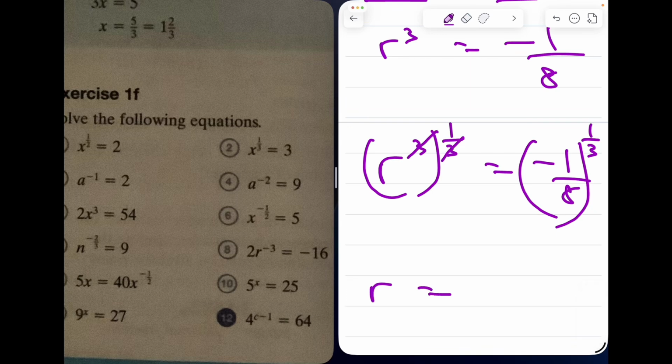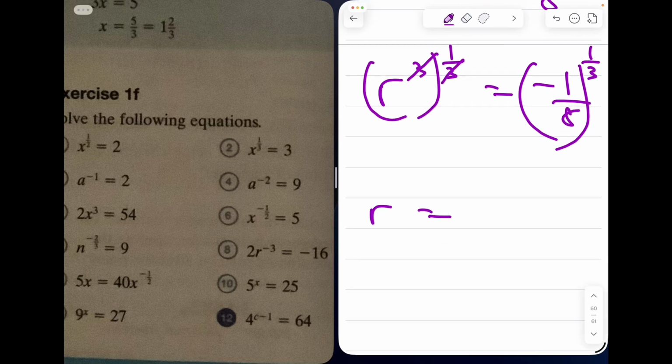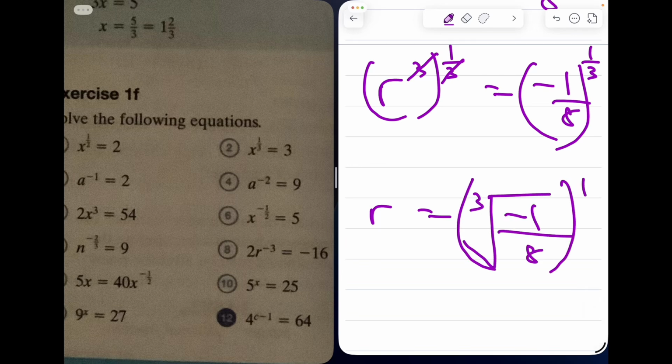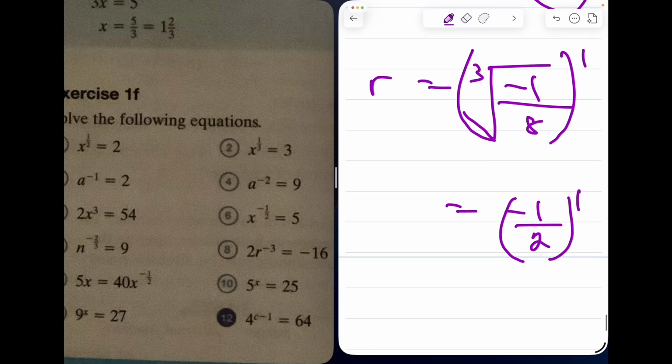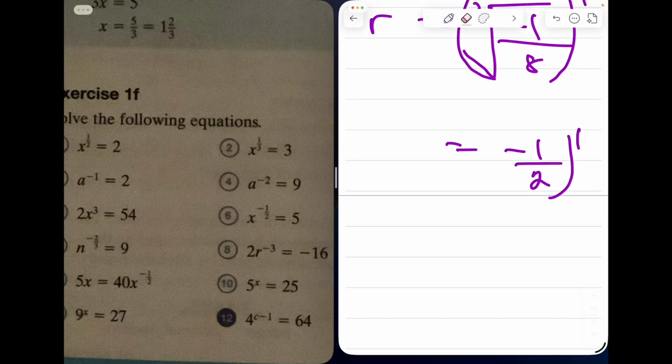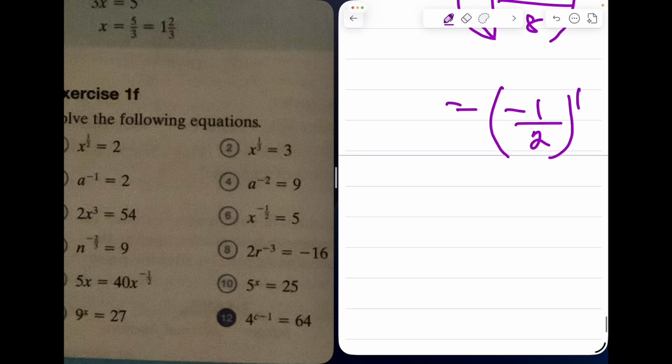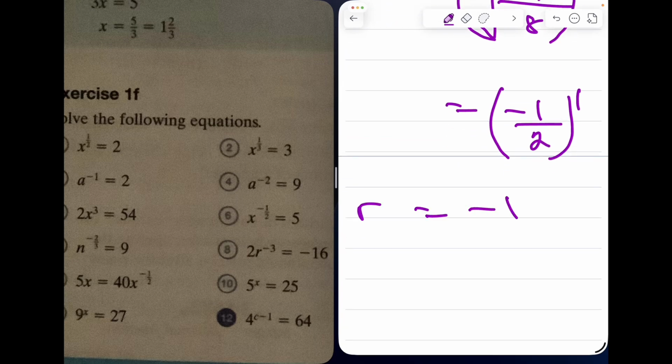That means r equals the cube root of minus 1 over 8 and the whole of that raised to power 1, which simply means the cube root of minus 1 is minus 1, the cube root of 8 is 2, and the whole of that raised to power 1 is simply the same as minus 1 over 2. So r equals minus 1 over 2.